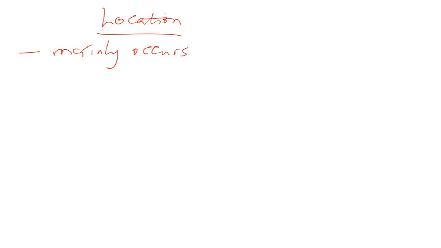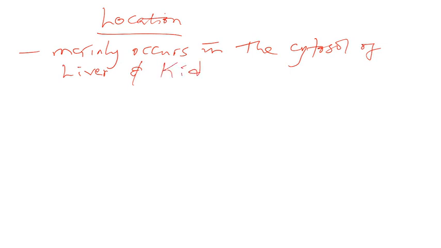The other thing to look for when we talk about gluconeogenesis is the location where this process takes place. So in terms of location, gluconeogenesis mainly occurs in the cytosol of the liver cells and the kidney.